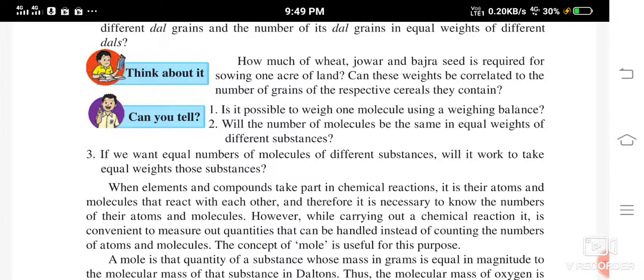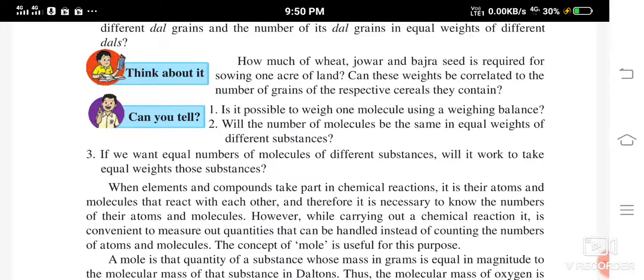The number of grains that will be there is going to be different. The quantity required to sow 1 acre of land, of wheat, jowar and bajra, is going to be different, isn't it?